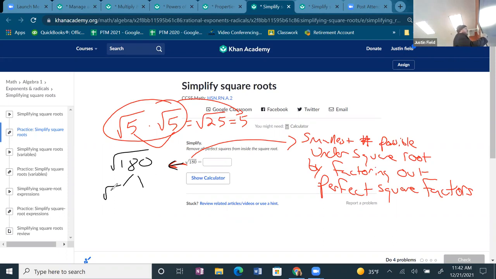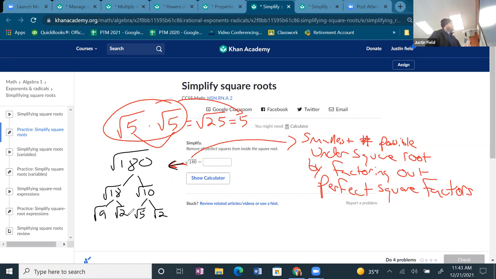So I'm going to do the square root of 18 and the square root of 10. Okay, but I can break those down too. So what numbers multiply to 10? 5 and 2, right? So that's the square root of 5, square root of 2. And I also have to break down 18. That would be, how about 9 and 2.